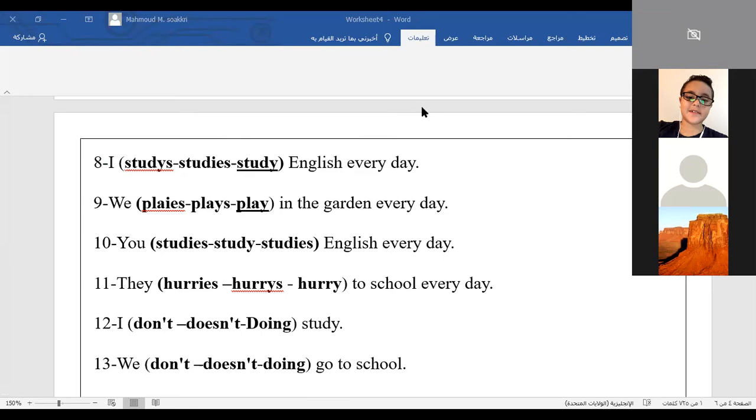Malik Asam, number 10, please. You study English every day.